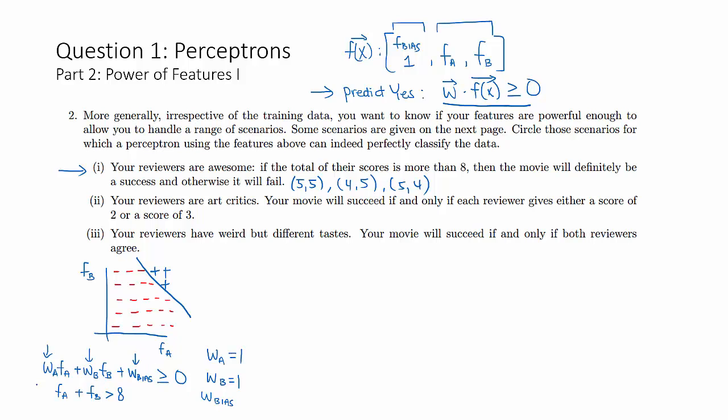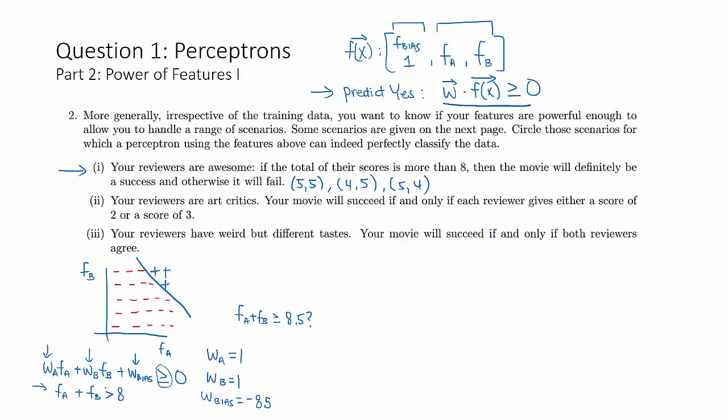Well, in this condition we need it to be strictly greater than 8, but here we have a greater than or equal. That means we need to allow some leeway here. And so if we set the weight of the bias to say minus 8.5, then we basically have the condition here, f of A plus f of B is greater than or equal to 8.5.